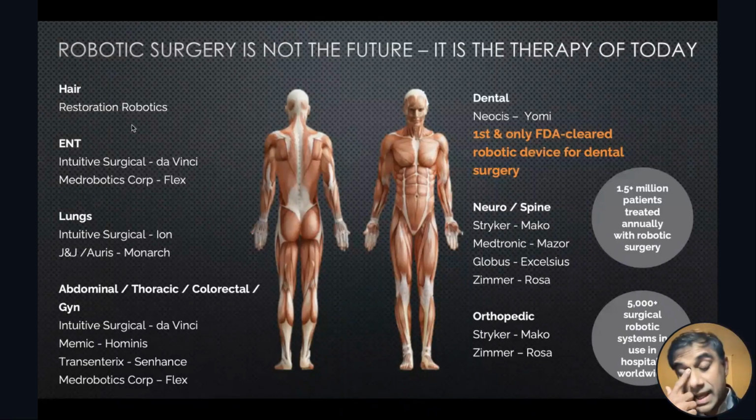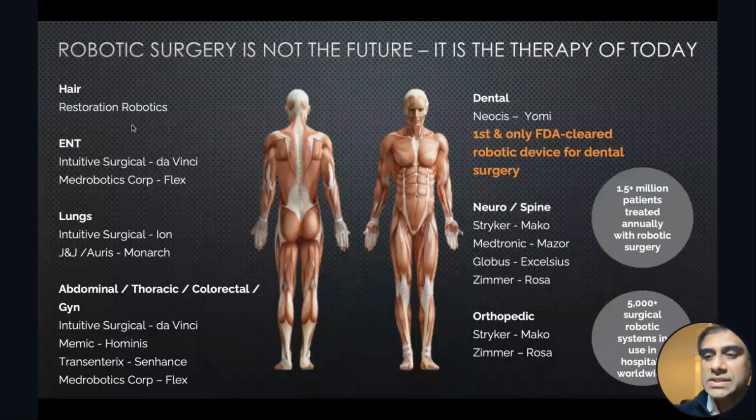And the biggest advantage is that you can actually change the treatment on the fly, which is comparable to a freehand procedure. So you're not limited by the fact that once the robot is set, it's set. Not true. You can make the robot follow any changes you'd like to make on the fly.